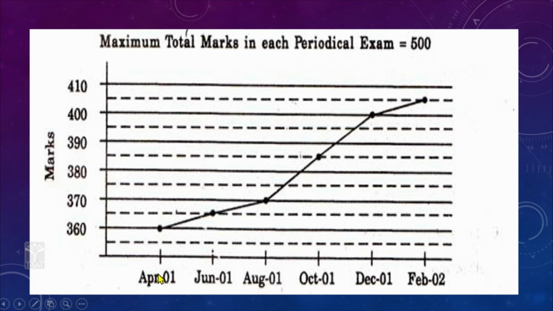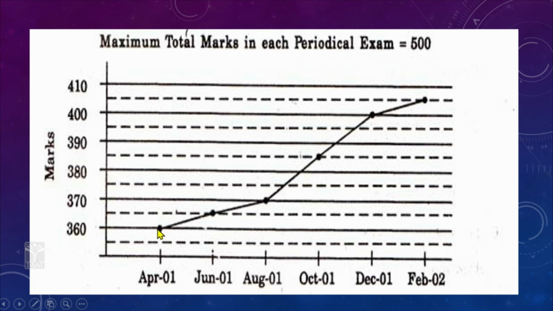In April 1st we got around 360 marks, and in June 1st it is approximately 365, in August 1st it is 370, in October 1st it is around 385, in December 1st it is 400, and in February 2002 it is 405.